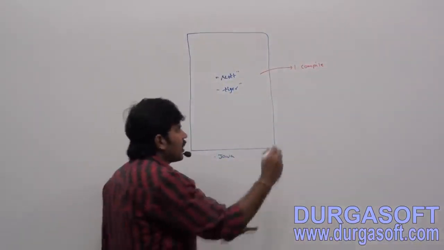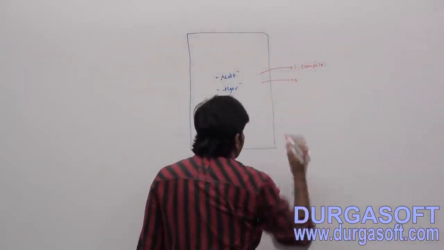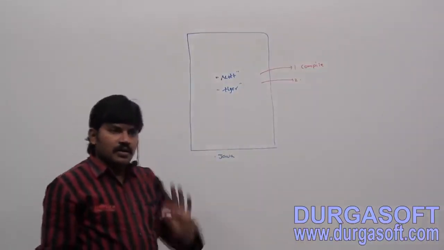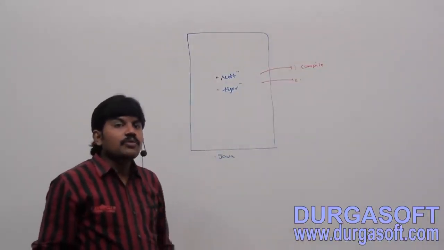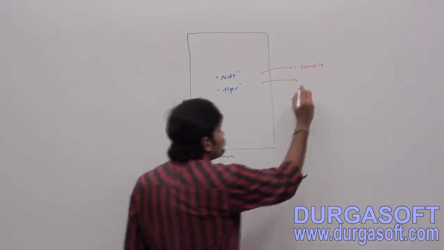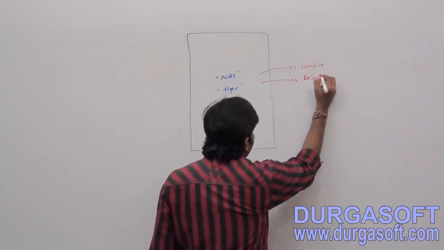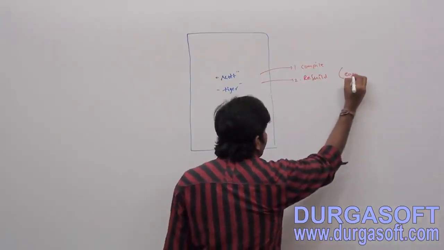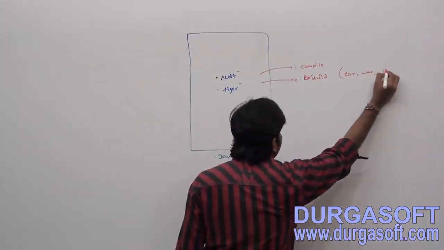Second, after recompiling, the .class file is ready. We have to rebuild the application, maybe an EAR file, WAR file or JAR file, whatever.